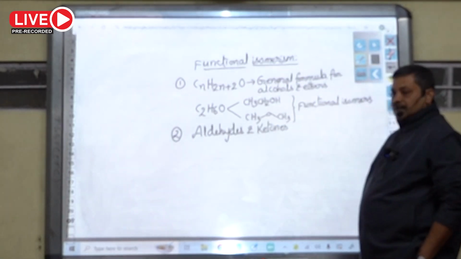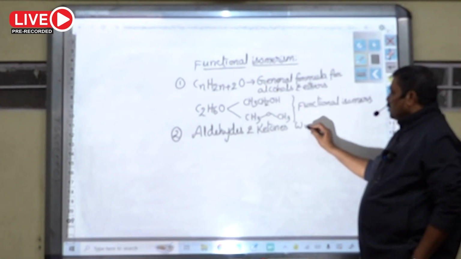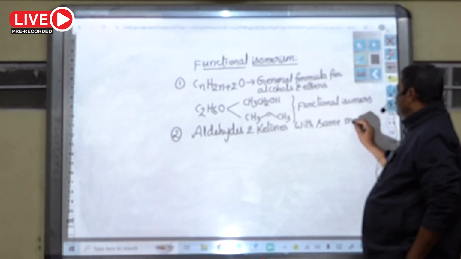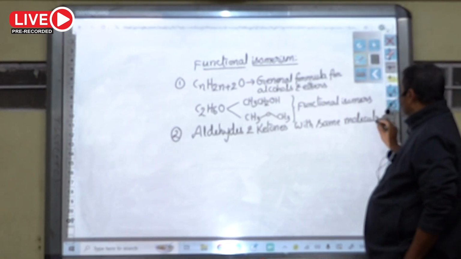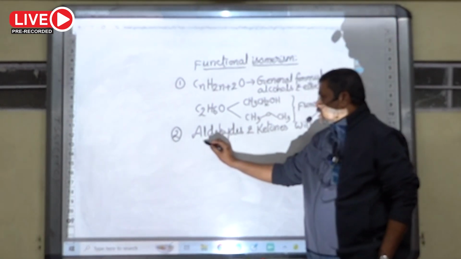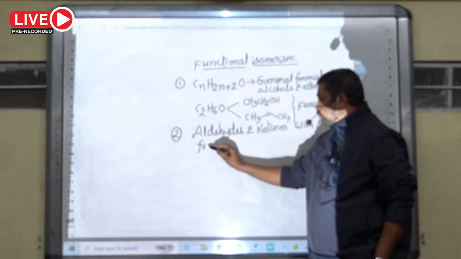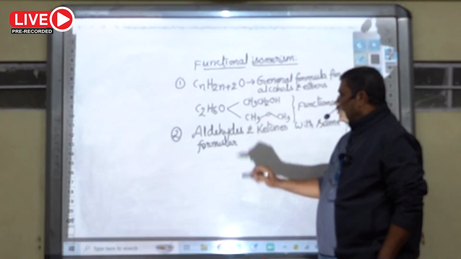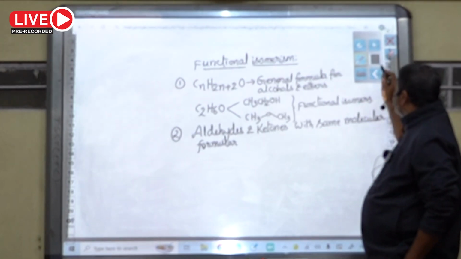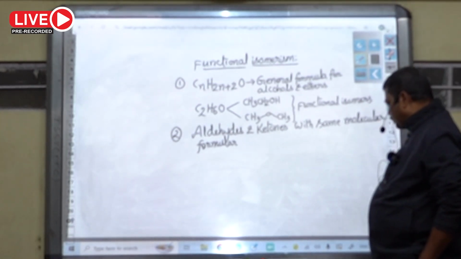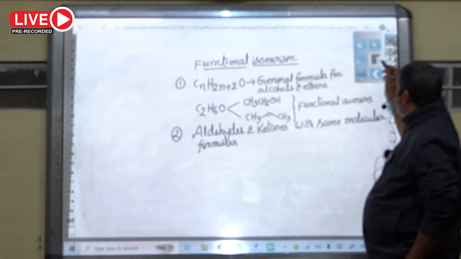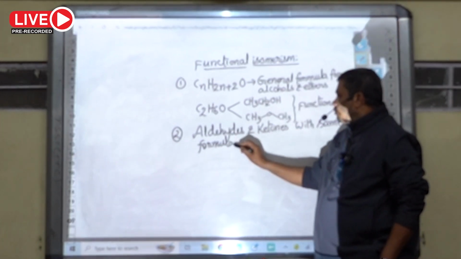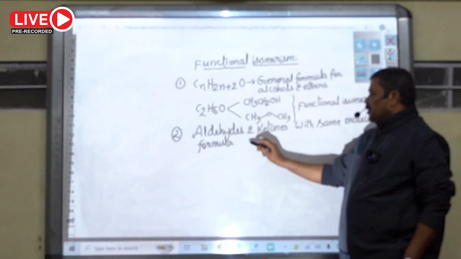Aldehydes and ketones with the same molecular formula represent functional isomers.